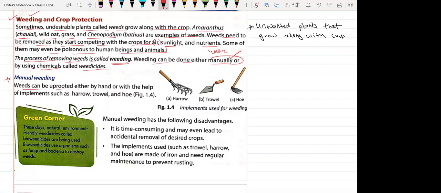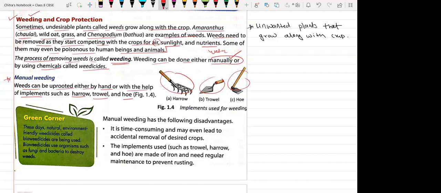Weeds can be uprooted either by hand or with the help of tools. These tools are agricultural implements: we have harrow, trowel, hoe, etc. They are the instruments used in agricultural practices for the removal of weeds.